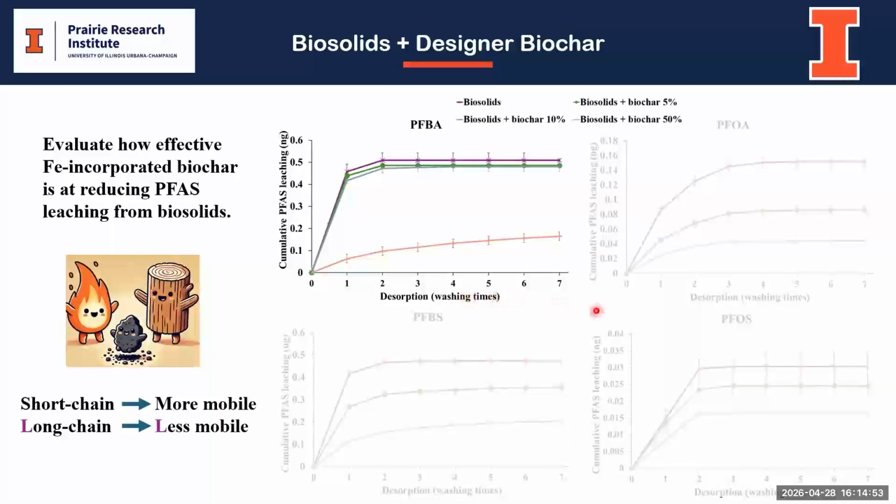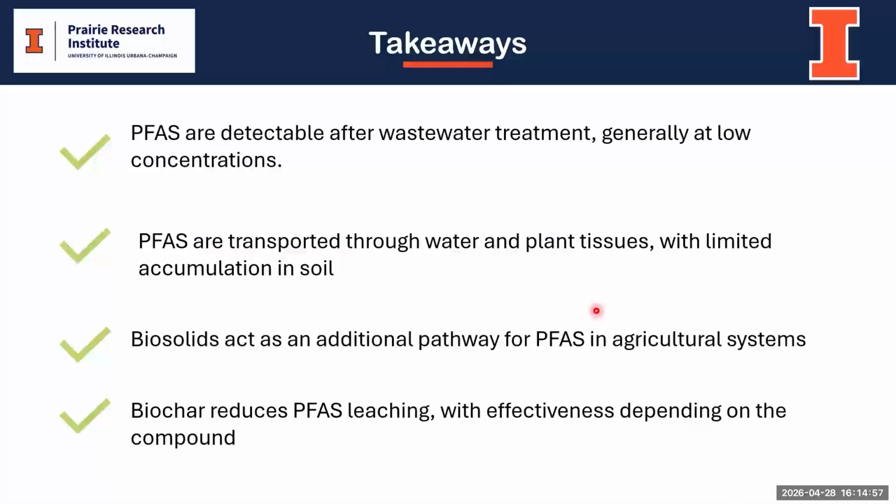So we are working on that. As takeaways, we can detect PFAS in these samples that we have in the field. All the PFAS from the plants are going to the field, but in really low concentration.